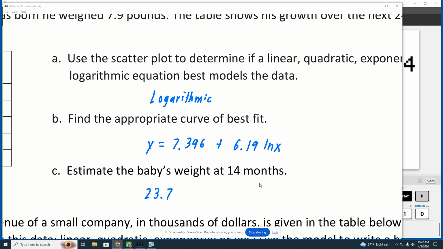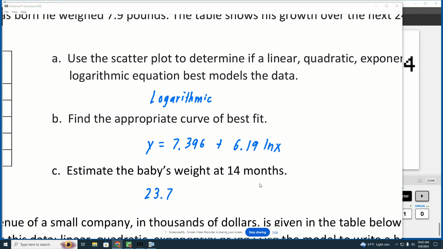You should have gotten pretty close to the same thing I got: 7.396 plus 6.19 ln of x. Therefore you should have estimated a baby's weight at 14 months to be about 23.7 pounds. Our values should have been very close on that one.